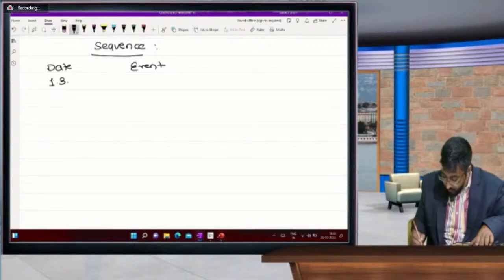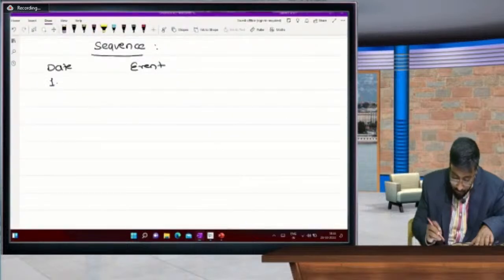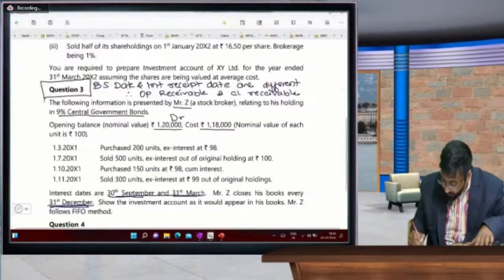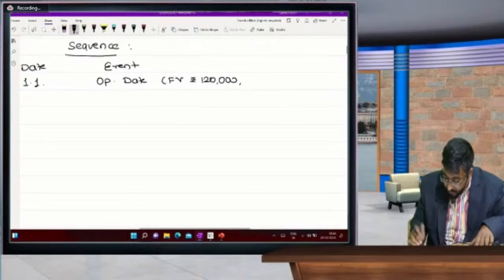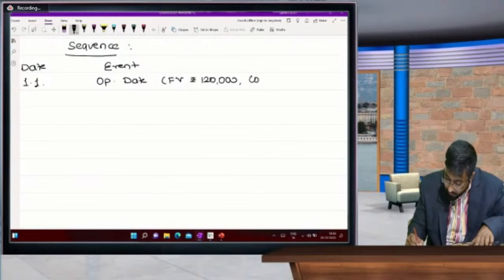No, not purchase. 1st January, beta, opening date. What is the face value? Rupees 1,20,000. And what is cost? 1,18,000.